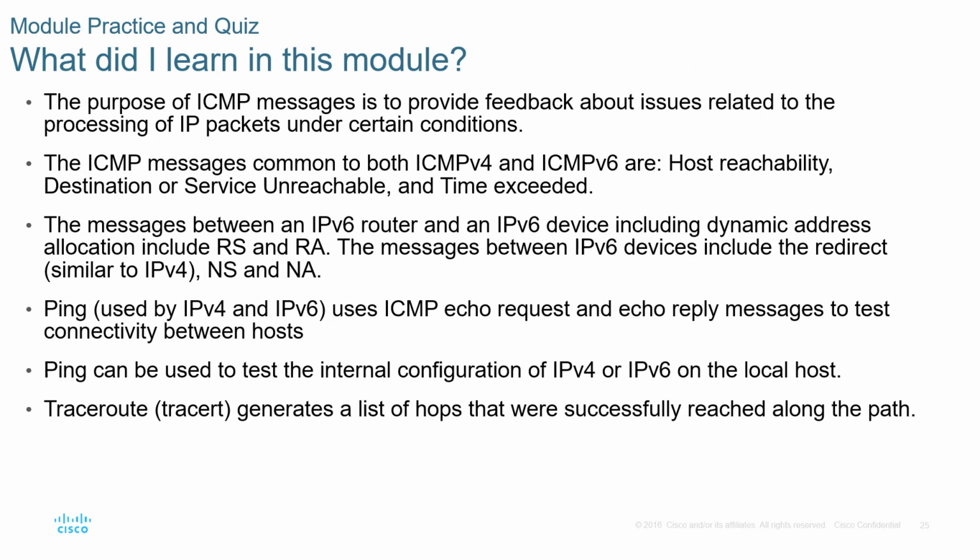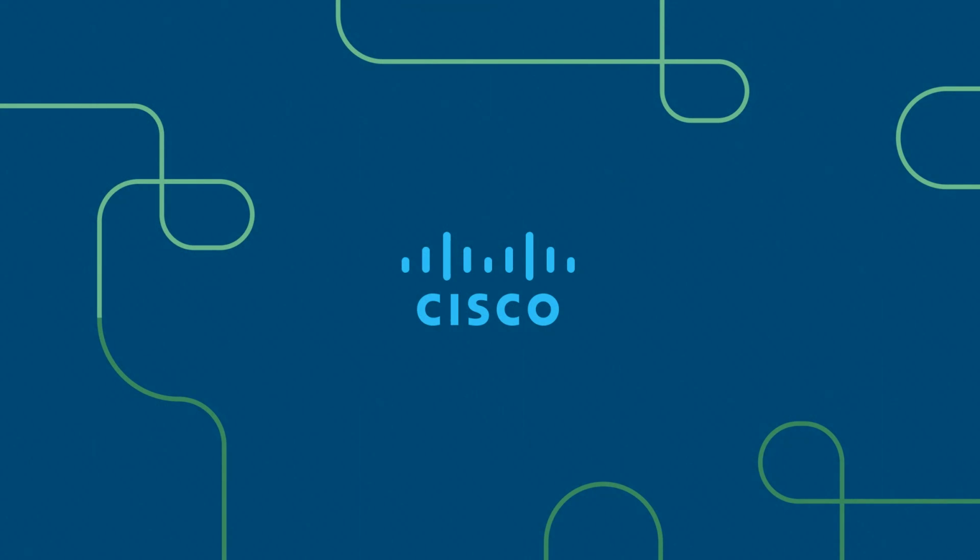In this lecture, we looked at what ICMPv4 and IPv6 are used for, how they function, how IPv6 uses ICMPv6 for both solicitation and advertisement messages. We looked at both ping and traceroute and some of the uses that we could get from them in the troubleshooting process. That is this chapter in a nutshell. If you have any questions or concerns, please reach out. Thank you.